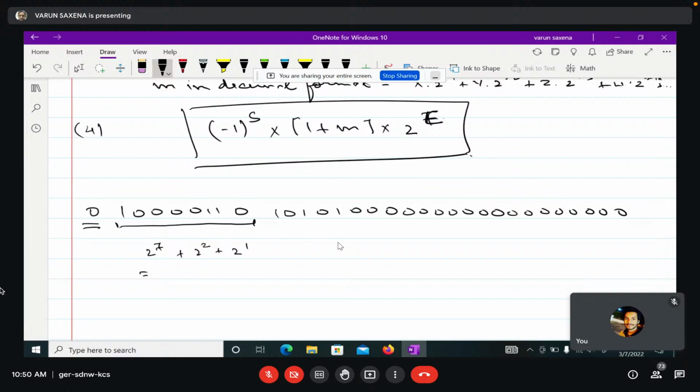So this is going to be equal to 134. Okay. So this is the value of your biased exponent, sorry. So you subtract 127 from it, and you will obtain 7. So this is your exponent. So you obtain the decimal of the exponent.